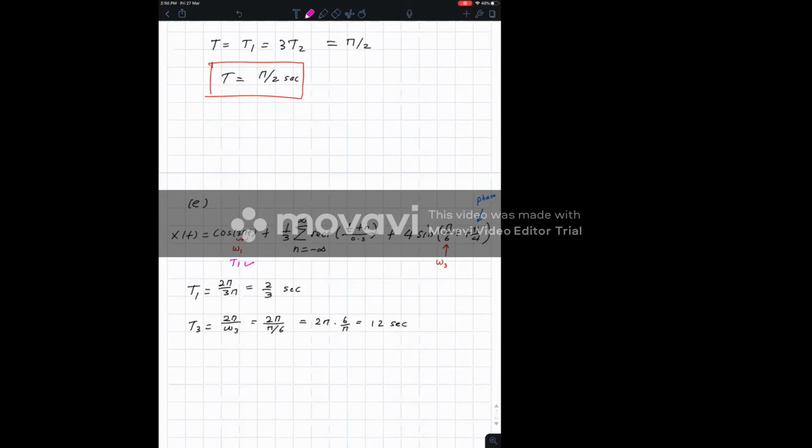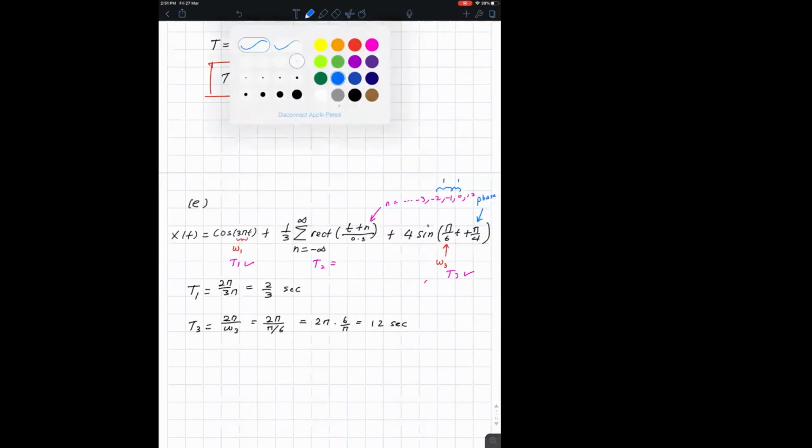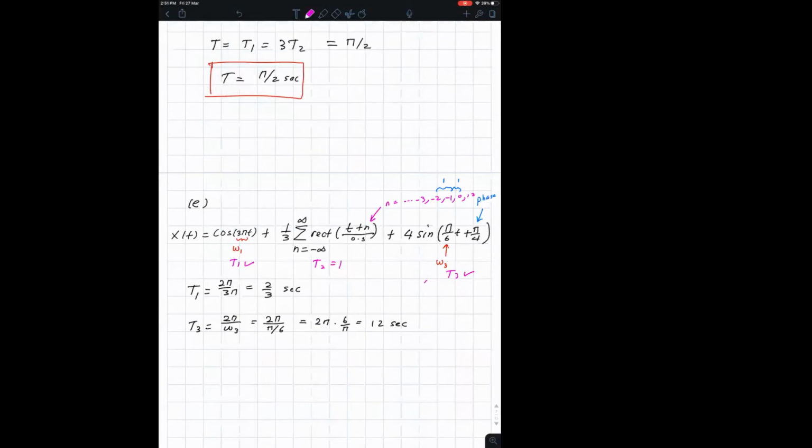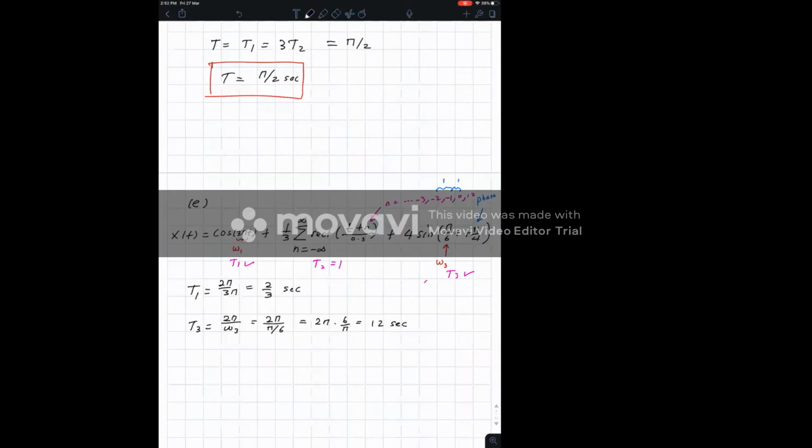T3 is also okay. Now what is T2? How do you find T2? It's very easy to find. It's 1. Do you see that? This is the discrete signal. The signal is going like this. Maybe I have to draw a little to show you.